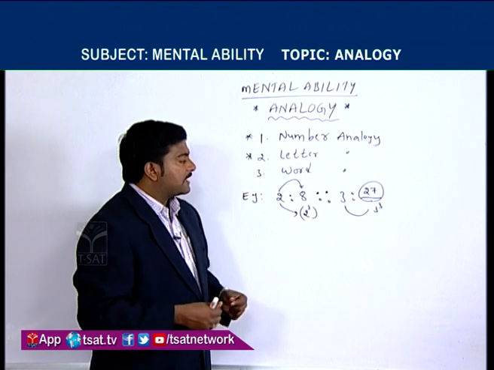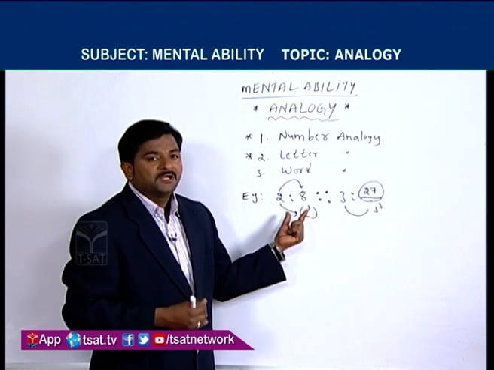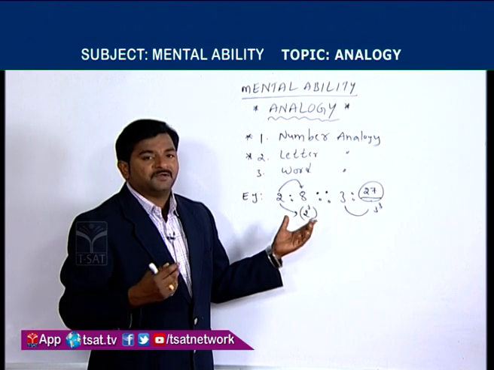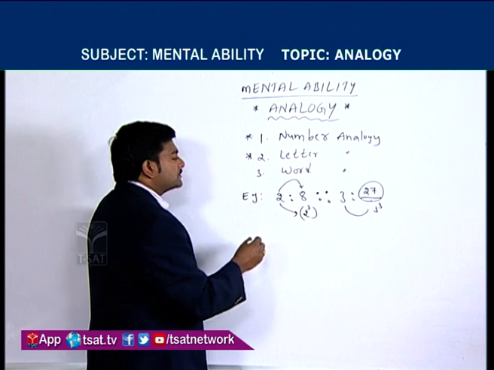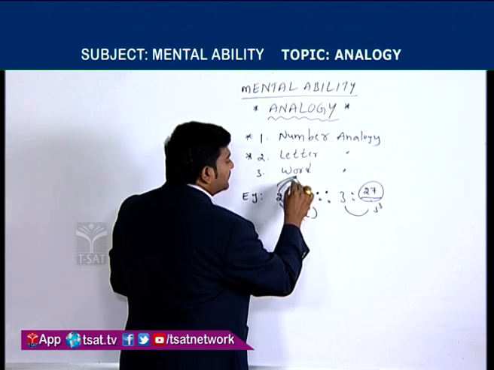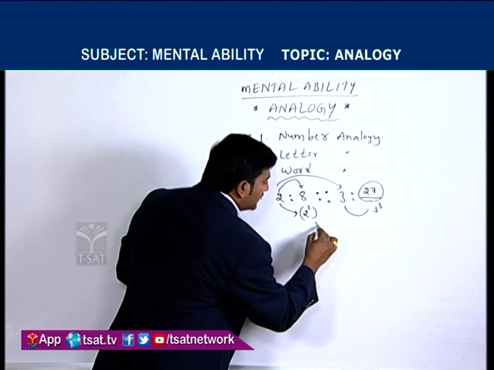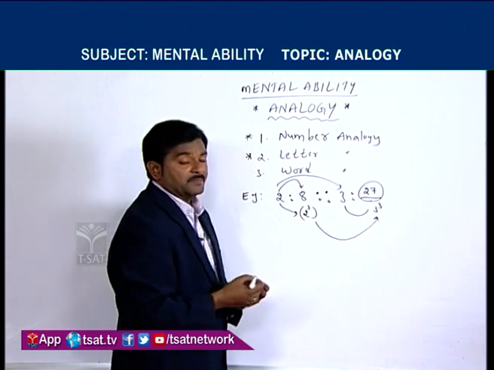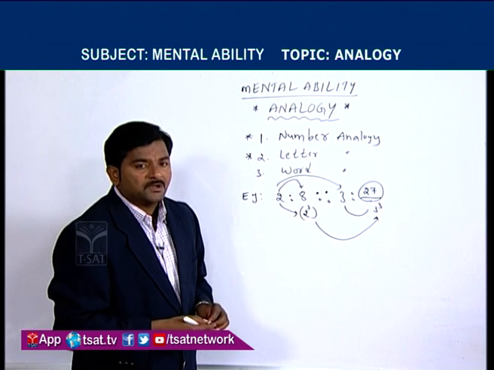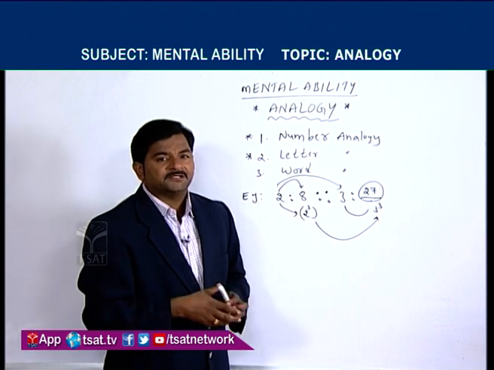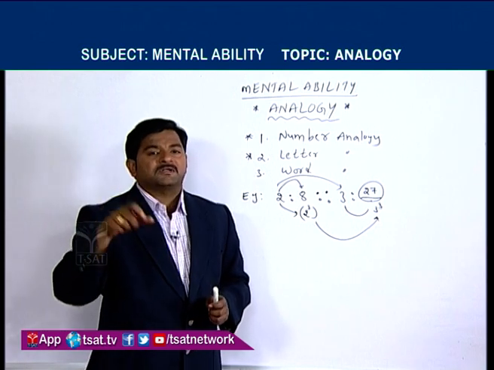First way is to apply various concepts to pair 1. Usually 90% of the questions can be solved by identifying the relation between the first pair, and the same concept we apply to the second pair also.